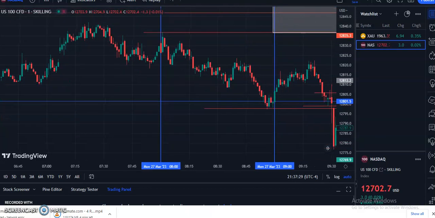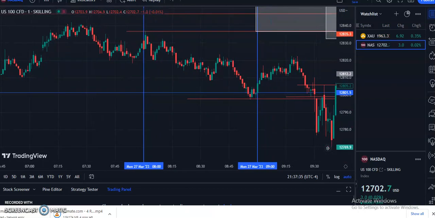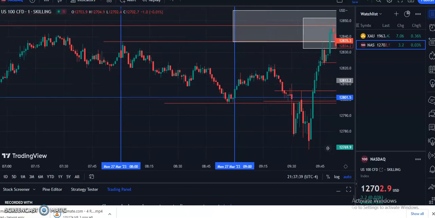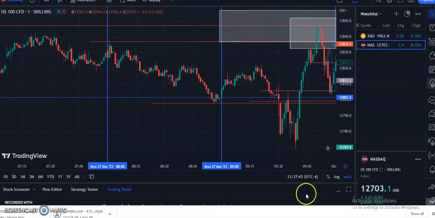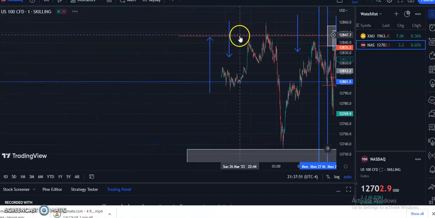So at 9:30 the market breaks below the low and then gives a very nice pump and dump setup to the high. But this is not the high of the day. This is the high of Asia.